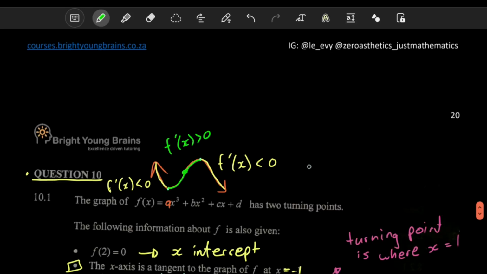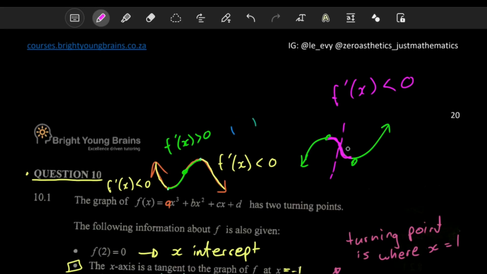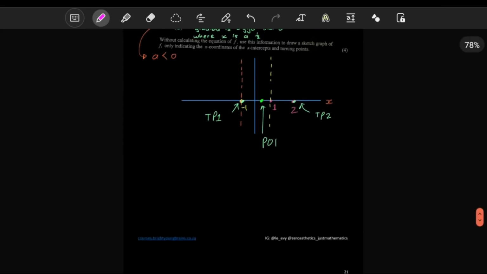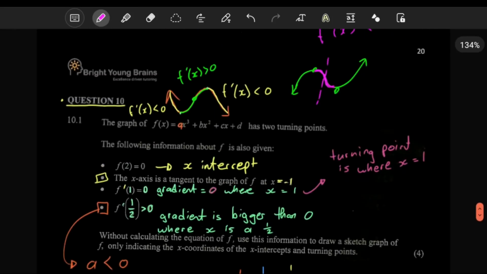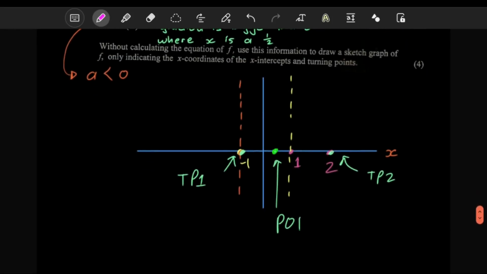If our shape looked like this instead, the space in the middle would have a negative gradient, because that's going down, whereas here it's going up. Going up represents positive gradients, going down represents negative gradients. That's how we determined that our graph goes down, up, and then down indefinitely.